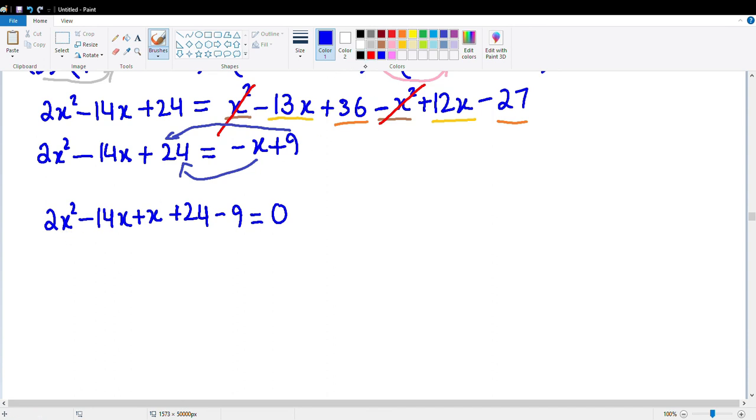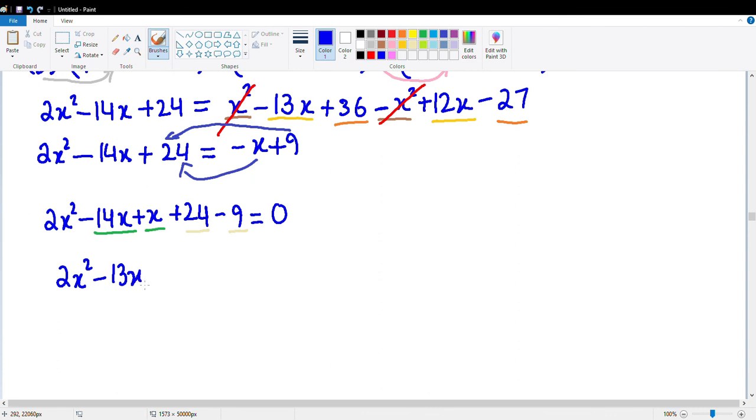Now you can see that there's some things again that can be simplified. Those are minus 14x and x, and 24 and minus 9. So let's simplify them, and we get 2x squared, and minus 14 plus 1 will be minus 13.